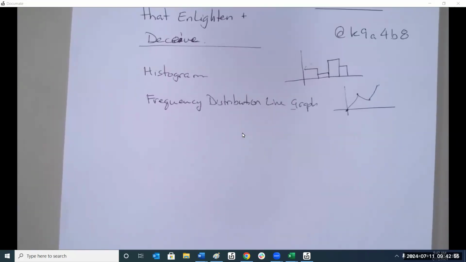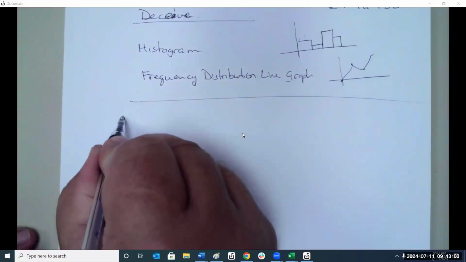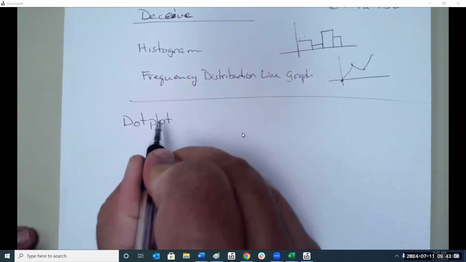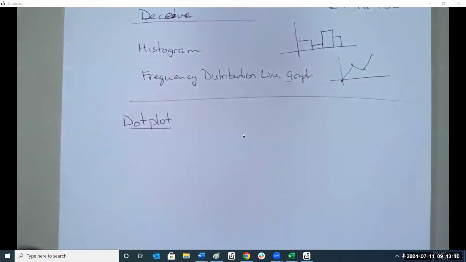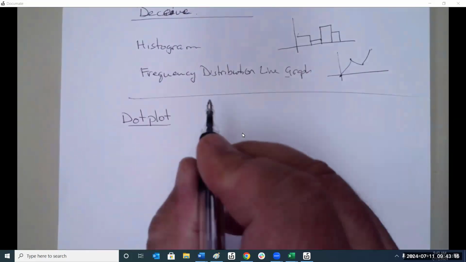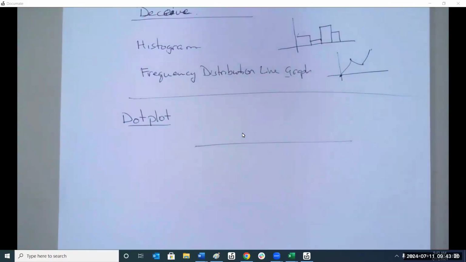Now we're going to look at some other ones. The next one we're going to talk about is called a dot plot. With a dot plot, what you do with your data there, you only have a horizontal line.